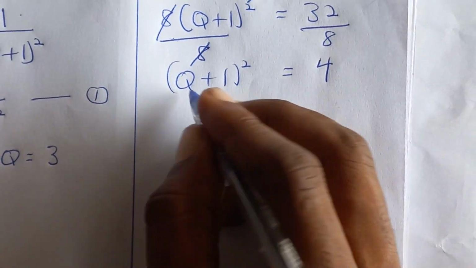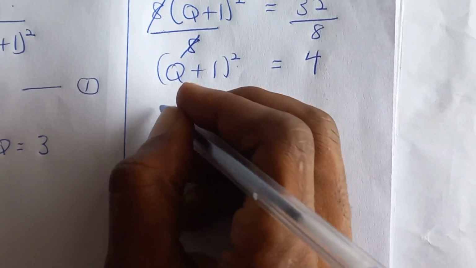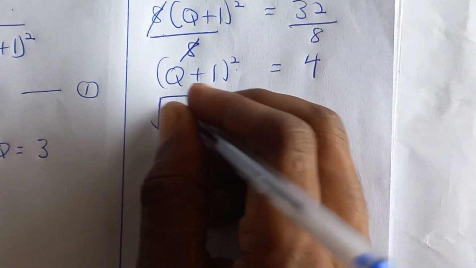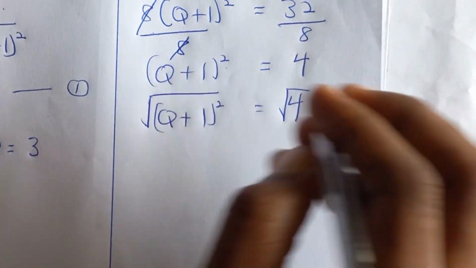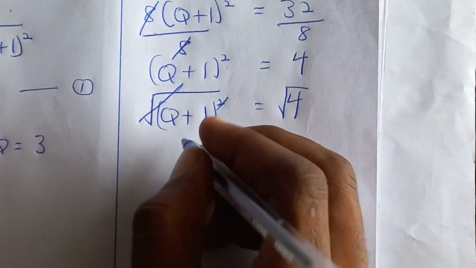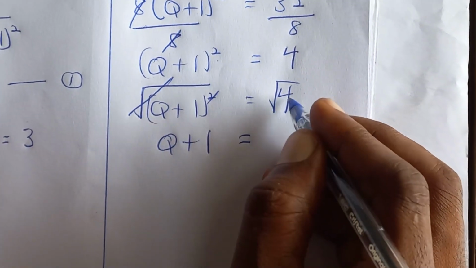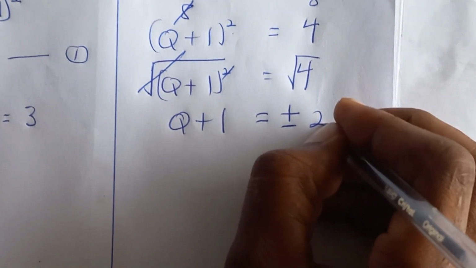So we are going to get, don't forget, we still have the square. So we can take the square root of both sides. So we can say that the square root of Q plus 1 all squared is equal to the square root of 4, you see. So this one will cancel this, leaving Q plus 1 is equal to the square root of 4, which is plus or minus 2. See?